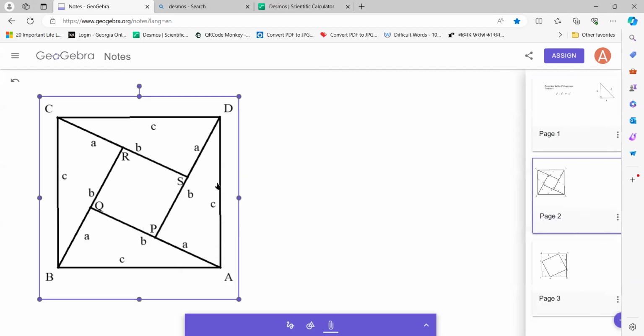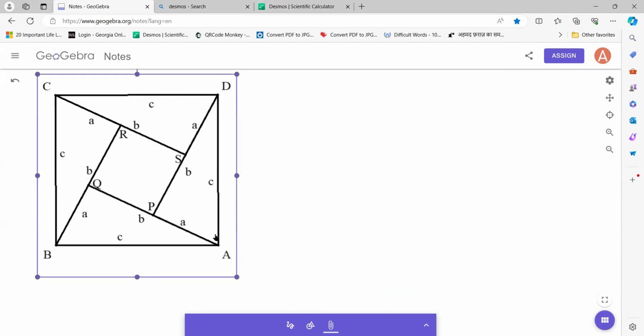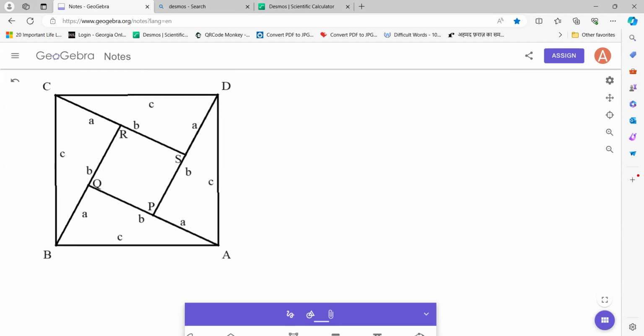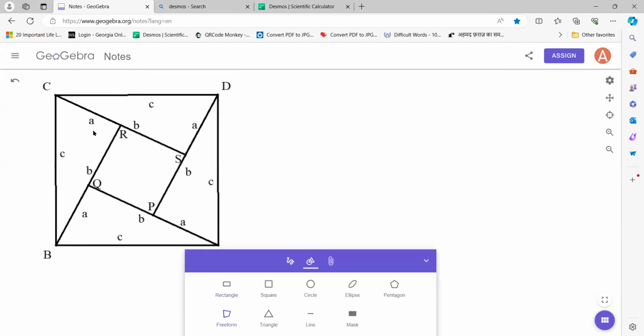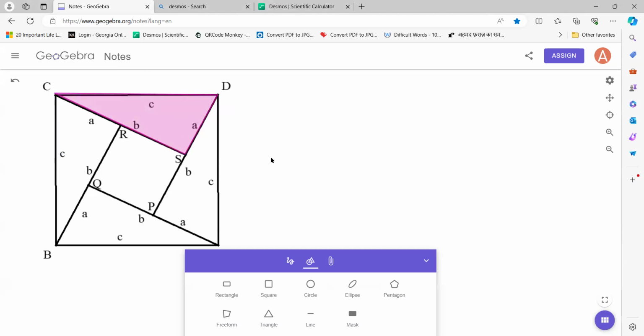So what I have here is four right triangles arranged in this manner. This is a copy of the right triangle that I'm talking about, and I have four of them. I shaded only one.